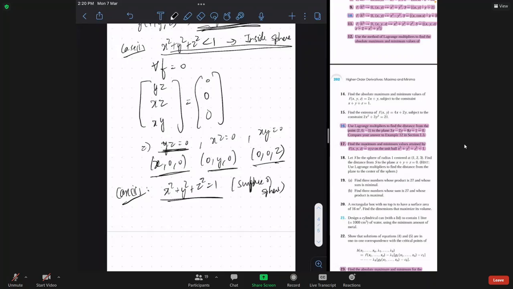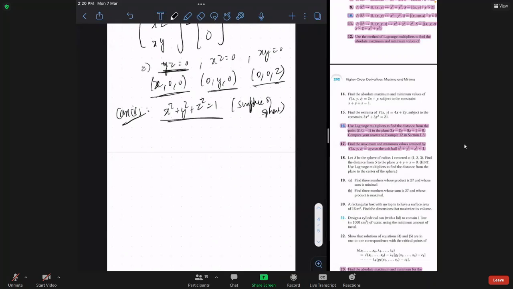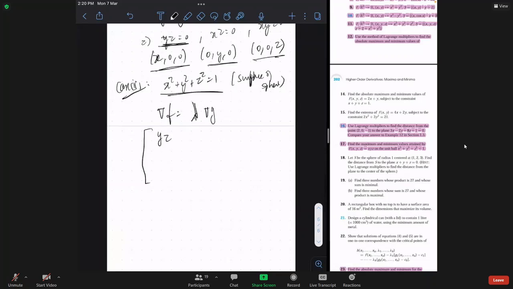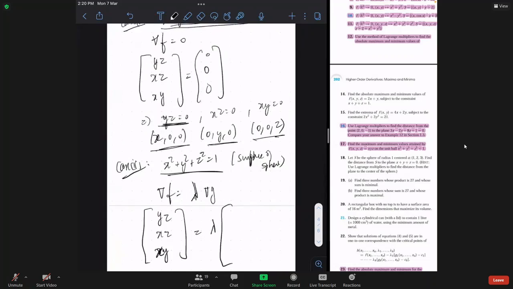This is where we apply a proper Lagrange multiplier principle. So I have my gradient of f equal to lambda times gradient of g. Gradient of f we already figured out: it is yz, xz, and xy, equal to lambda times the gradient of g.